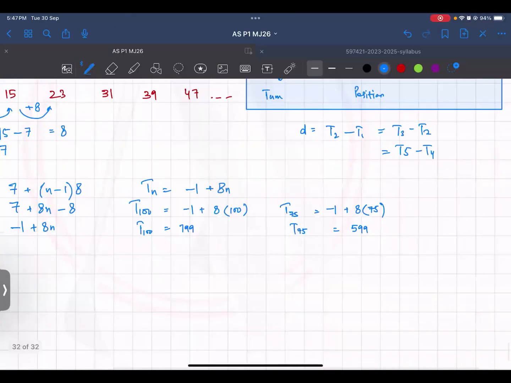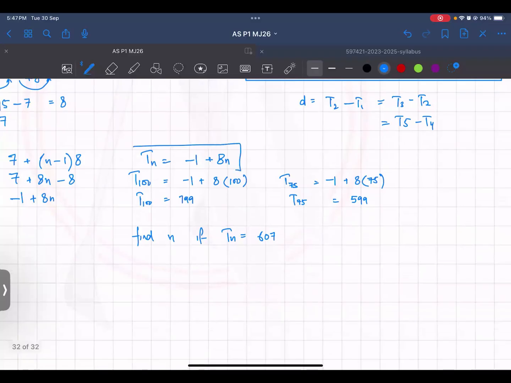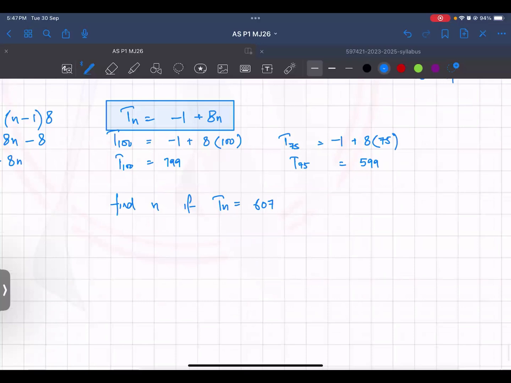Similarly, sometimes they will give you the value of the term and ask you for the position. For example, they can ask you to find n if Tn, the value of the term, is, let's suppose, 607. This is the Tn formula for the sequence we're working with, and we need to find the position of the term which has the value 607.